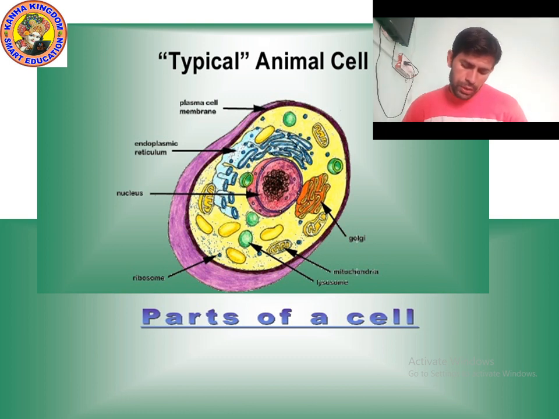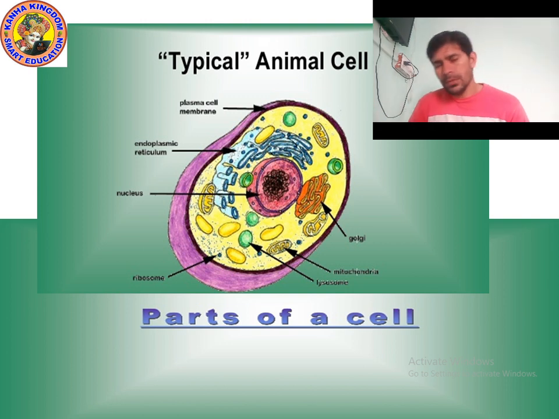Some organisms have one cell, some have more than one cell. Like amoeba, which has only one cell, but all the functions occur. Amoeba is made up of just one cell, but in that one cell, digestion, excretion, everything occurs.